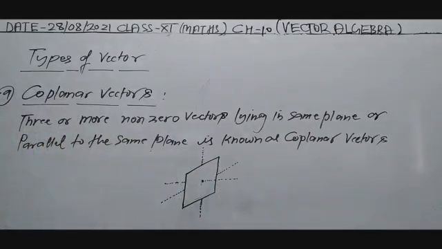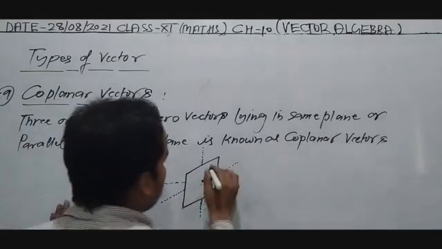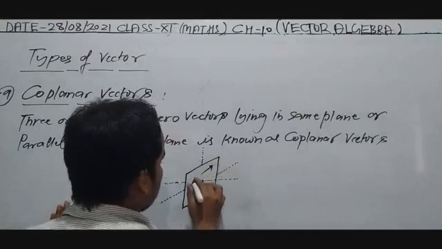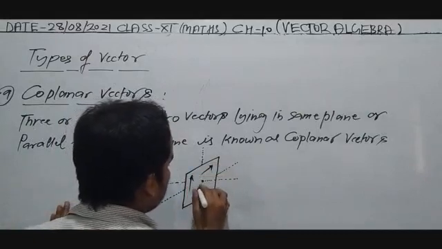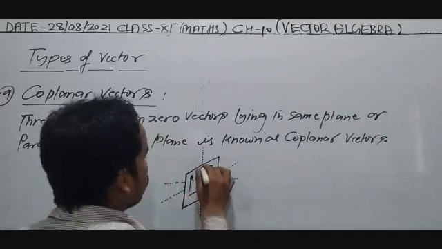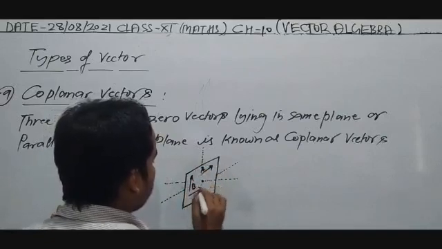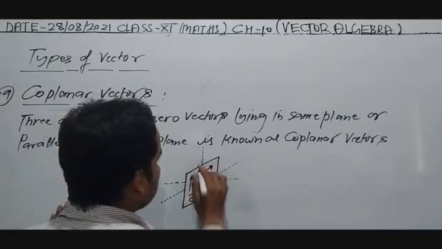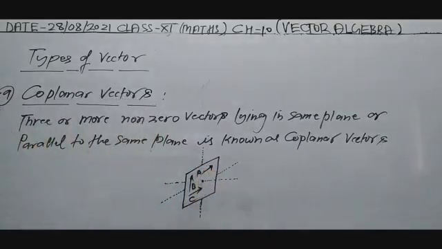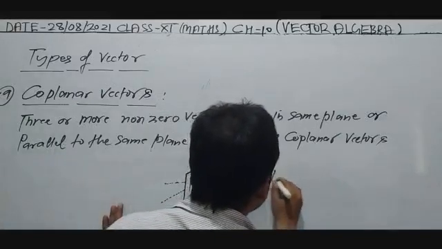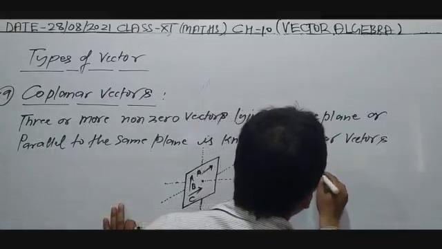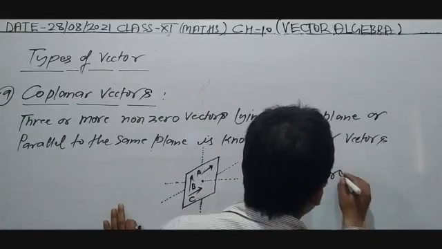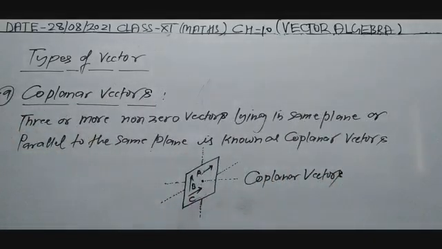This is the 3D picture and these are the vectors: vector A, vector B and vector C. These are coplanar vectors, lying in the same plane. Now this definition is completed.